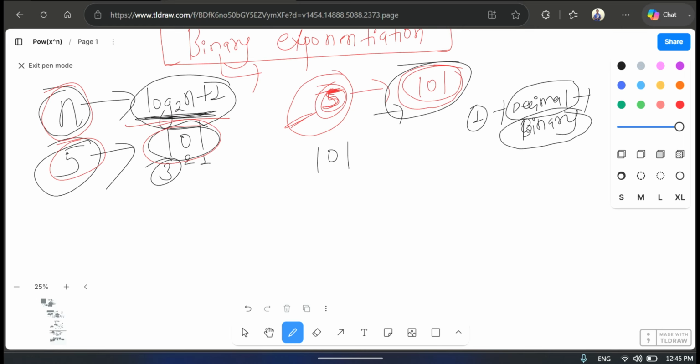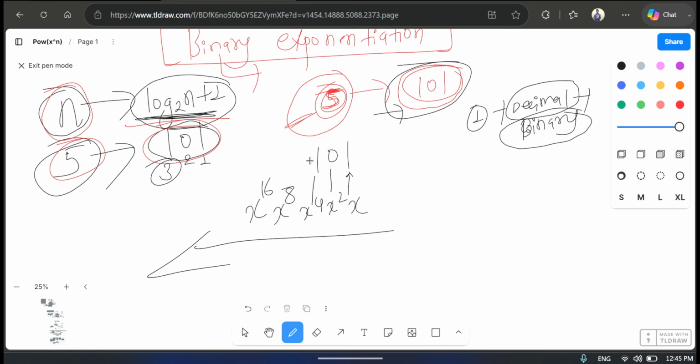Now if you see it here in this 101 example, this particular value is represented as x in the decimal format. This next value is represented as x square, and then it goes on doubling: x to the power 4, x to the power 8, x to the power 16, like that. It goes on and on by doubling each time, from right to left.